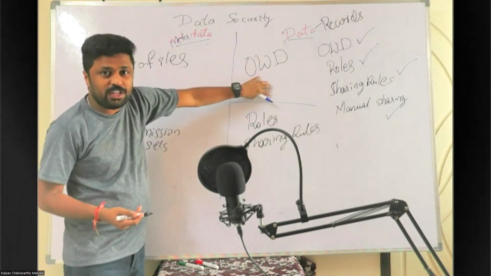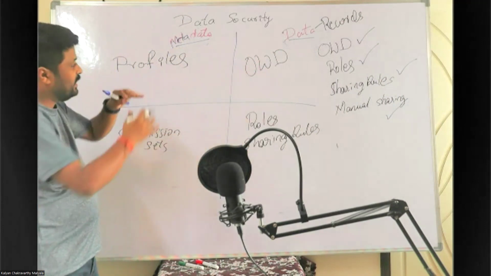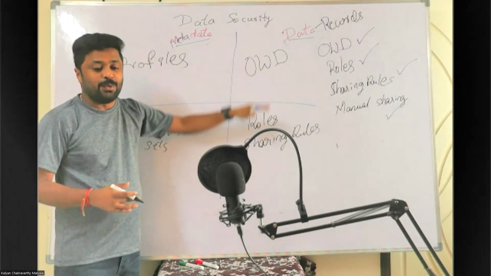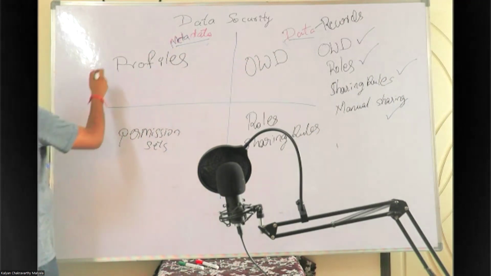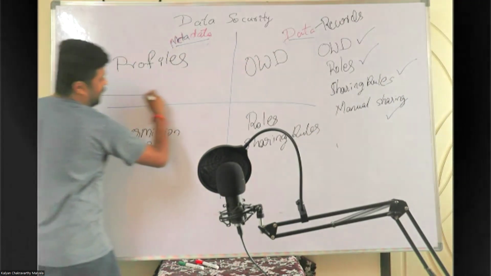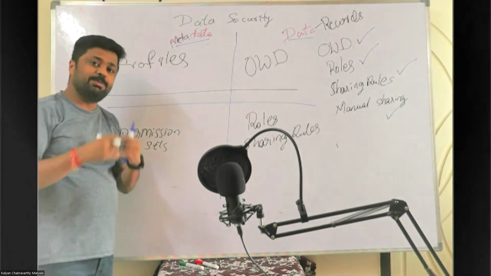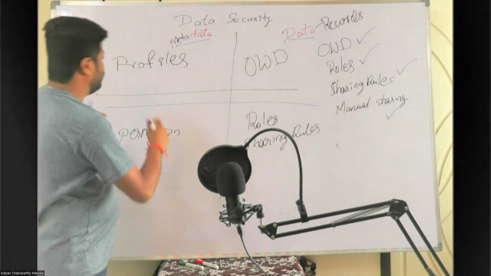I could keep them together, but I have divided it into four things. These are the two things, and these are the two things. Why? Because this upper layer is the basic thing for a user.